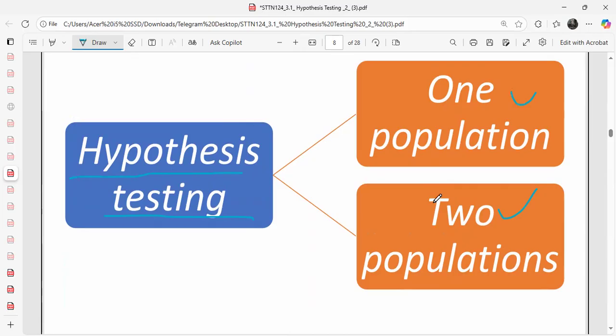The most important thing for you guys to know is, when you're given a scenario, how do you see that the question is based on hypothesis testing for one population, or for two populations? I'm going to explain that when I do the 2024 question paper, 2023, and also 2019.